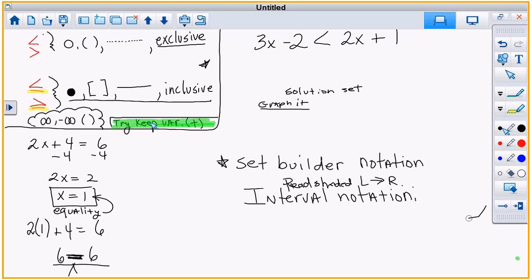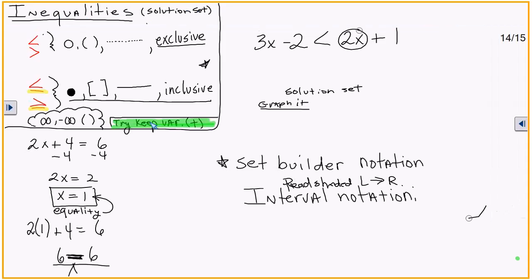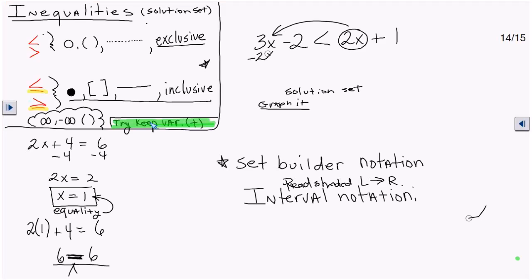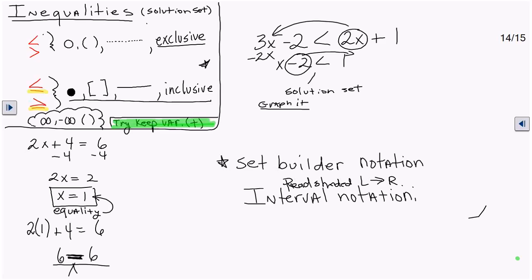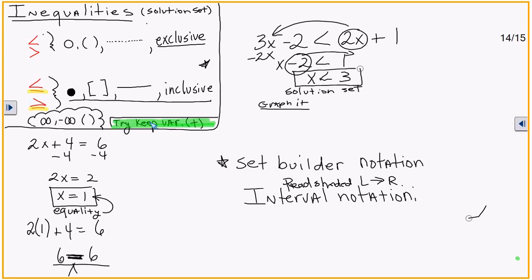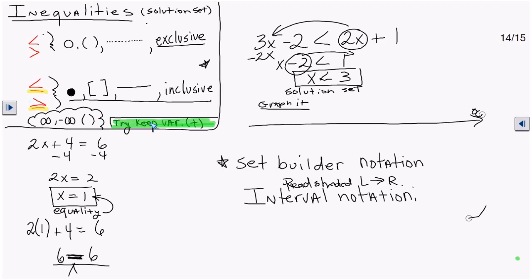I'm going to make my variable positive, so I'm going to keep that, take it across the river, and I get x minus 2, and take that 2 across the river, and x is less than 3. So I'm going to graph it. That's positive infinity.